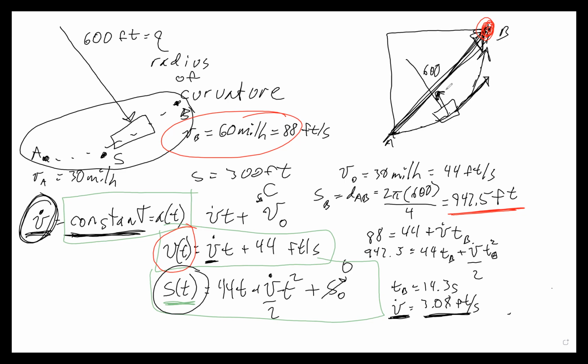So we have found v dot, which is the acceleration of the car, but it's only the tangential. It's how quickly the speed in the direction of motion is changing. We need how the car is turning as well. So we've only technically found half of the information.